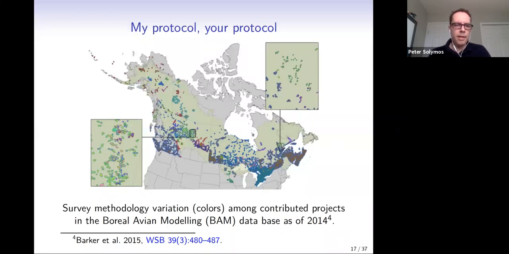And as part of the Boreal Avian Modeling Project, we're trying to normalize and standardize these data. And that's kind of the root of what I'm going to talk about, this QPAD approach, how to best do this. So this is an issue when you look at large spatial scales and many data sets.